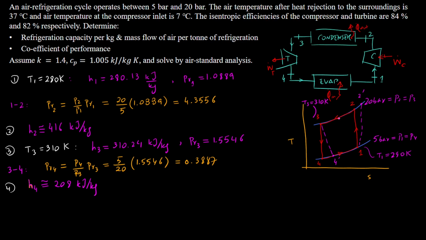the enthalpies, because we've got this 2' here and 4' here, which are important, that we need to find out. And to do that, we need to use these isentropic efficiencies that are given to us. And for the compressor, we've got the relationship, which is going to be the isentropic efficiency.